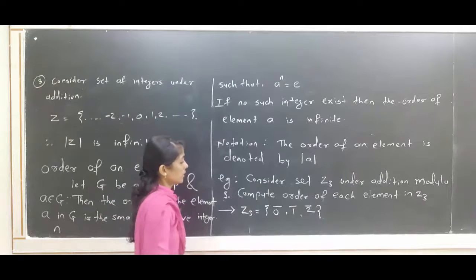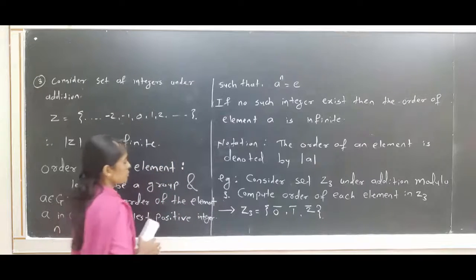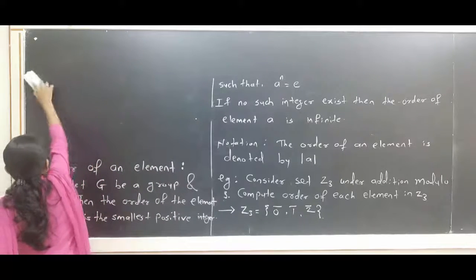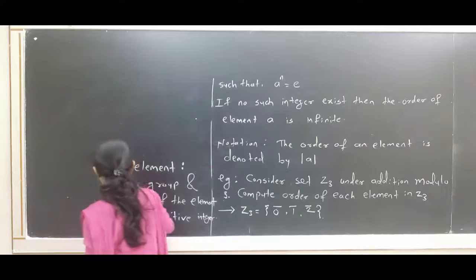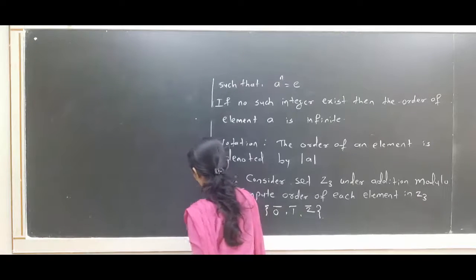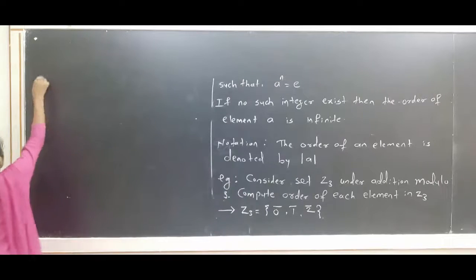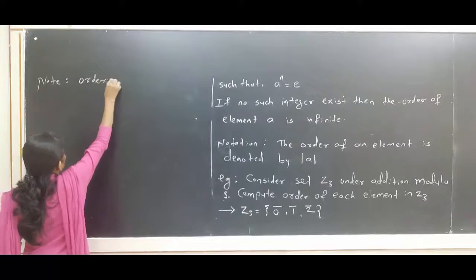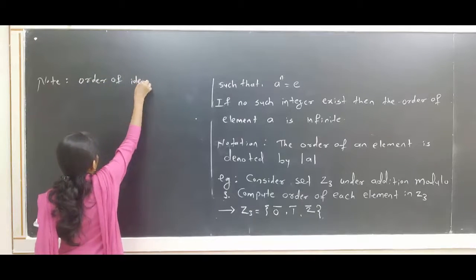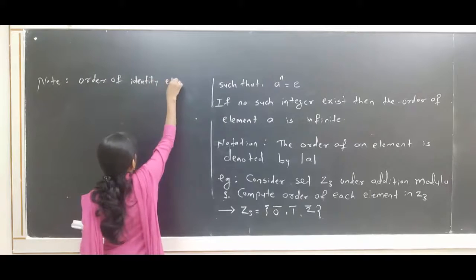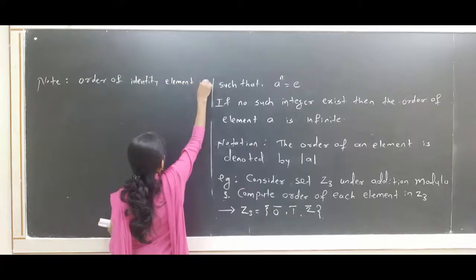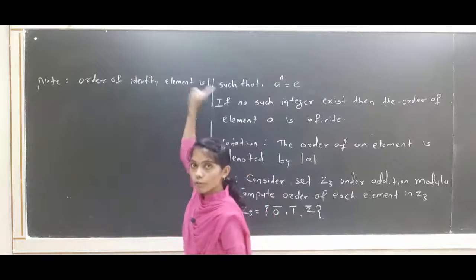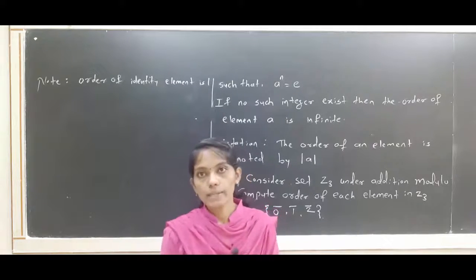Okay, now first of all, write down a note before the solution: the order of the identity element is 1. So always remember this, the order of an identity element is always 1.